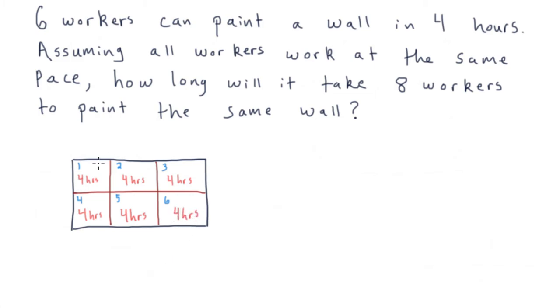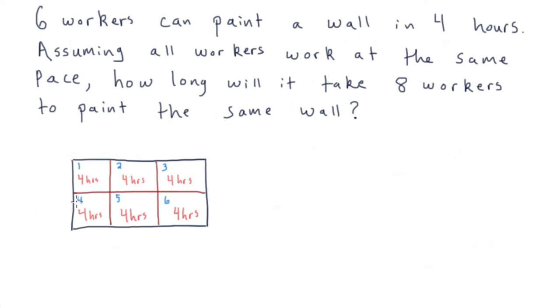Okay, so now all these workers, I guess we're assuming, are working simultaneously, so it's a little confusing. But you can also imagine that if worker 1 worked for 4 hours, and then worker 2 worked for 4 hours, and then worker 3 worked for 4 hours, and so on, you kind of see that there's 24 hours worth of work to paint this wall.